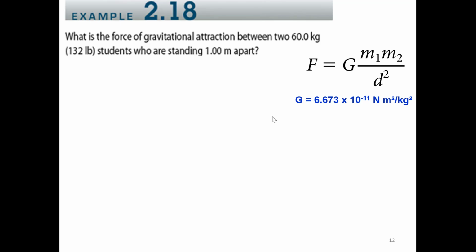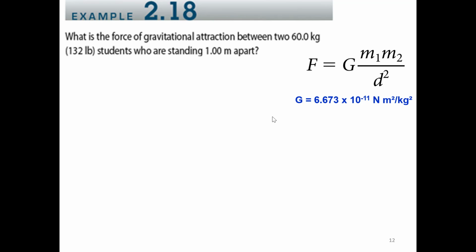Now let's try to solve a problem in which we need to apply the equation for gravitational force. In this case, we want to calculate the force of gravitational attraction between two 60 kilogram students who are standing 1 meter apart.